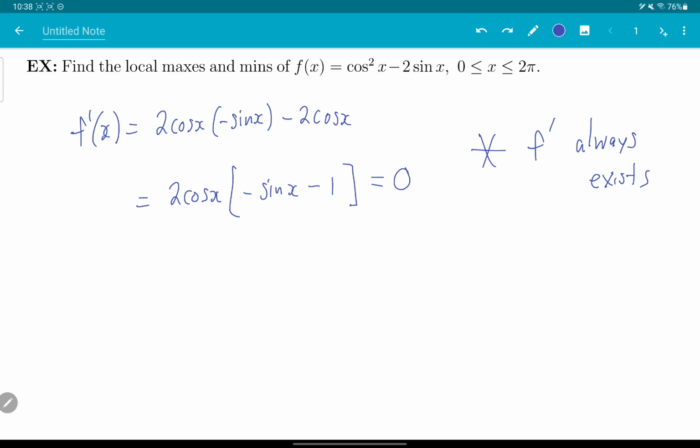So I'm just going to look at f prime equals 0, and I get cos x equals 0, or looks like sine x equals -1, coming from this bracket.